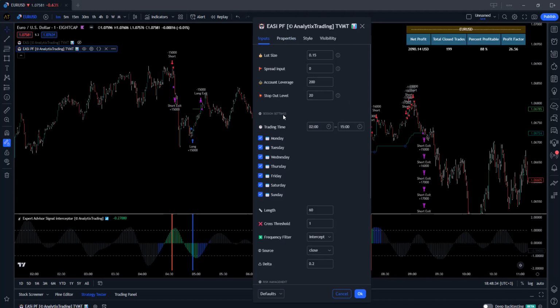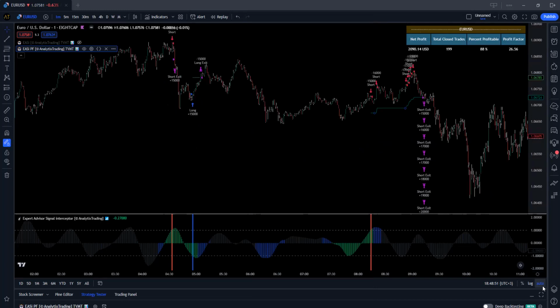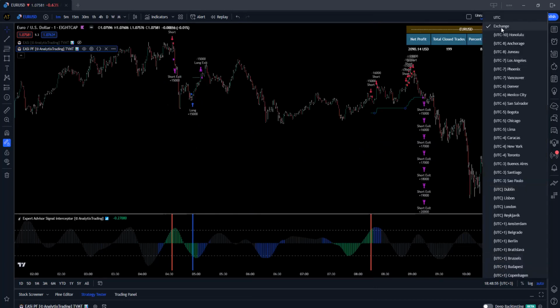Going into trading time, this is very simple. Signals falling outside of this time range will be ignored. But something to keep in mind is this isn't your time zone. This is actually the exchange time zone. I would suggest you always keep it on this.